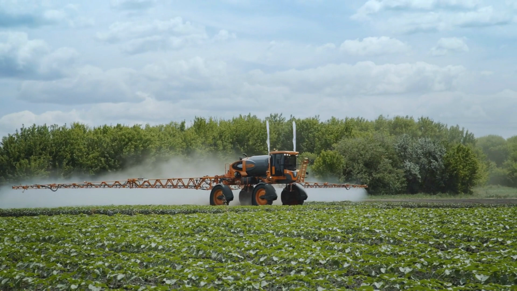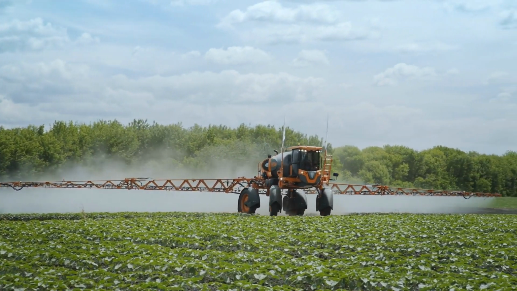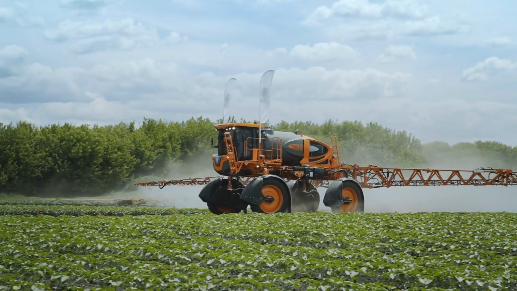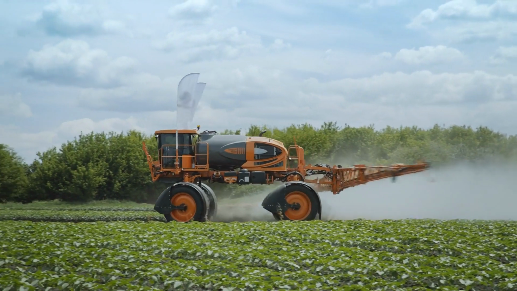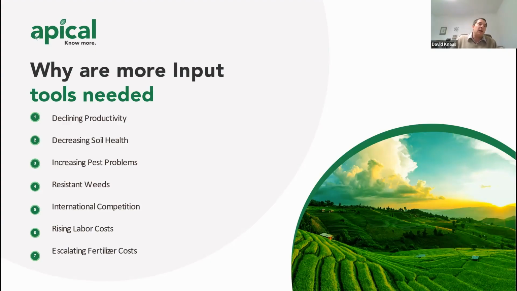That said, we don't see a lot of resistant weeds in organic systems. Similarly, a lot of the organic farmers that I've known over the years don't have a ton of pest problems. A lot of people ask me, well, why is that? And it's not to say that organic growers don't have pest problems, because they do. But on the whole, there's typically less chemical need in an organic system.